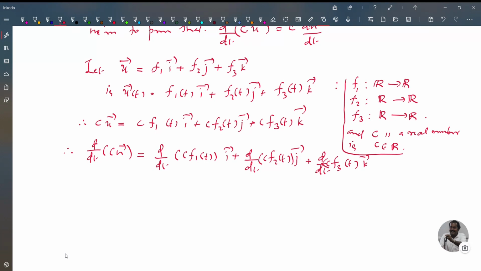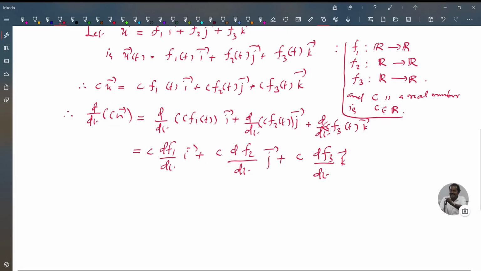So that is equal to C into df1 by dt i plus C into df2 by dt j plus C into df3 by dt k.